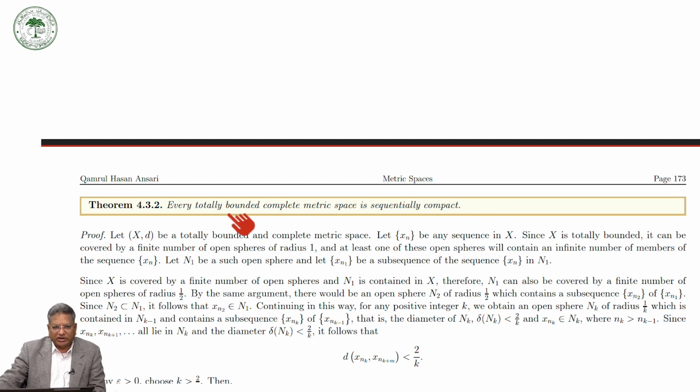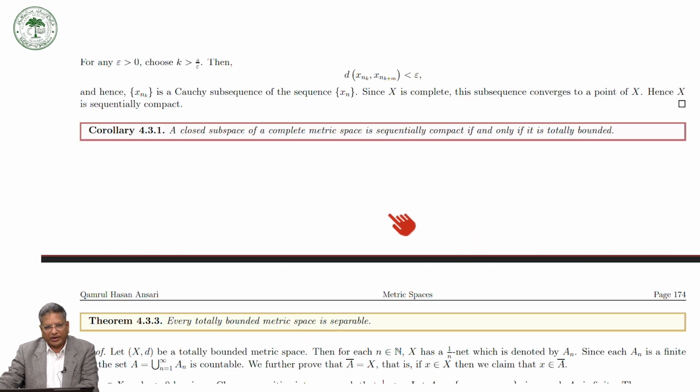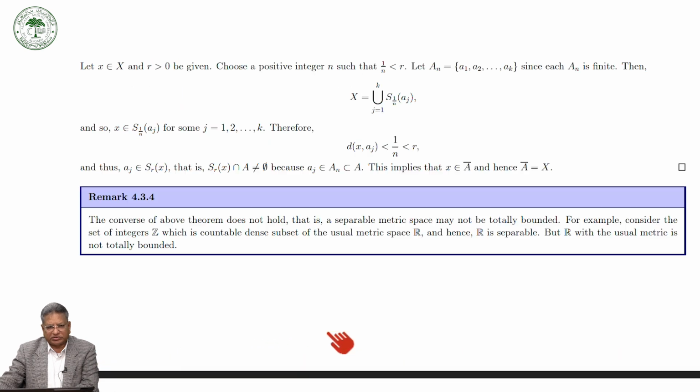So, only totally bounded need not be sufficient, and only completeness is not sufficient to say that a space is compact or sequentially compact, but it should be totally bounded and complete, then the space is sequentially compact. And then every totally bounded metric space is separable.